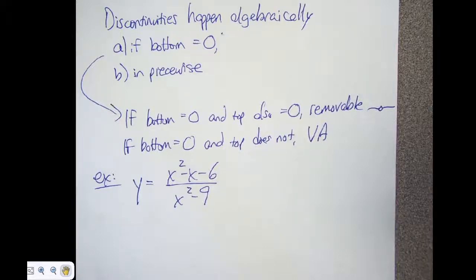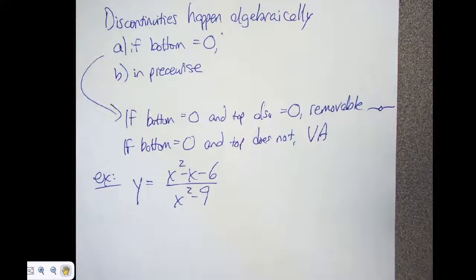Are there horizontal asymptotes in this? What do I look for? I'm looking for horizontal asymptotes. I just almost said it. Oh boy. Yeah, thank you. Where's the higher power?